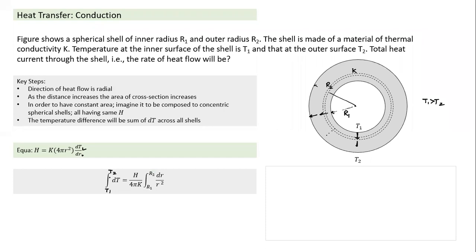So when I integrate, I get T2 minus T1, and from a very easy integration it gives you the value of H here. Something similar happens in the case of current electricity also. It's exactly the same thing, where current flows from the inner surface to the outer surface. You have to keep this in mind; we'll not repeat it again in current electricity, and you can solve it in a similar way.